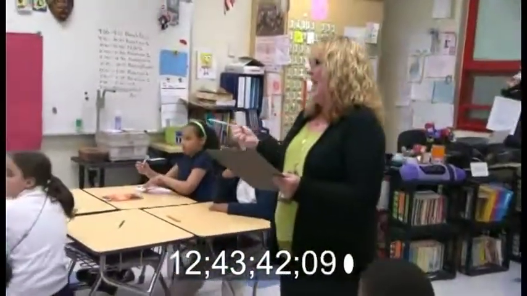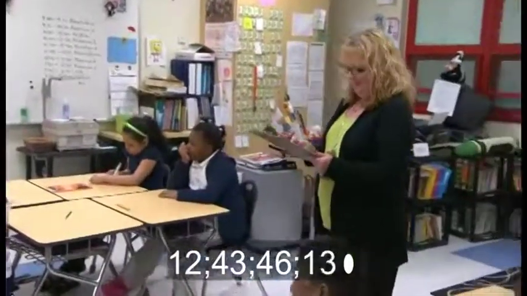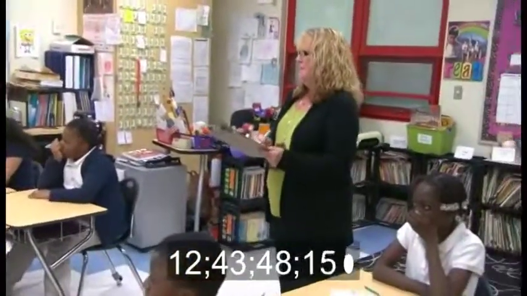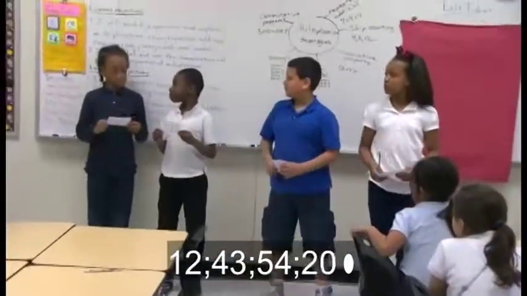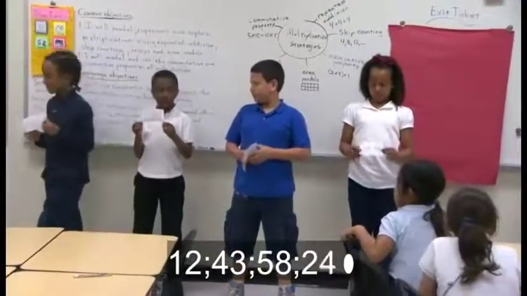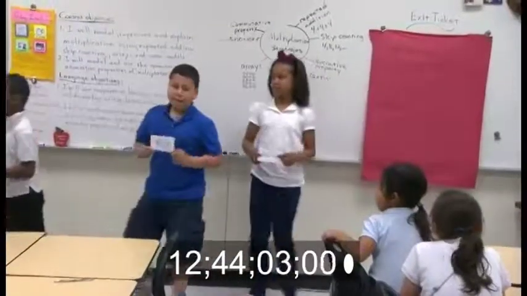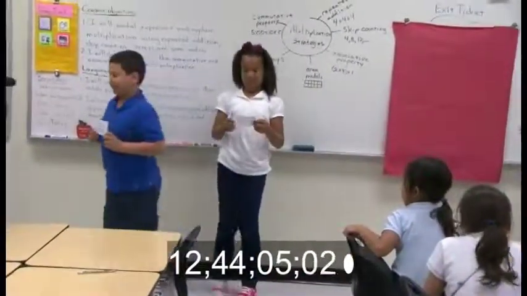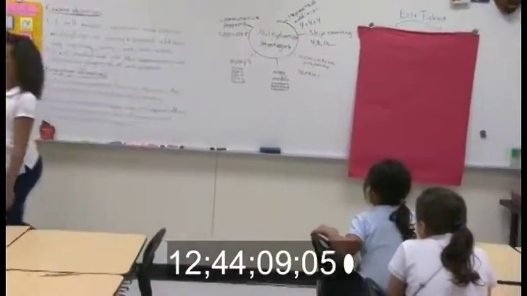All right, and the last team, go on up. Team 5. My card shows skip counting. My card shows area model. All right. My card shows an array. My card shows commutative property.